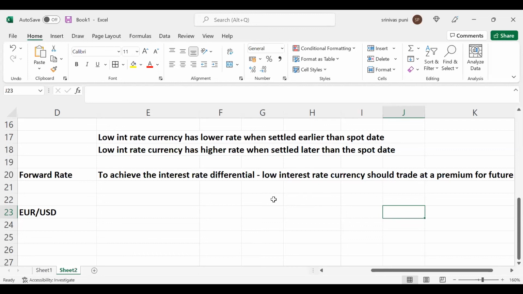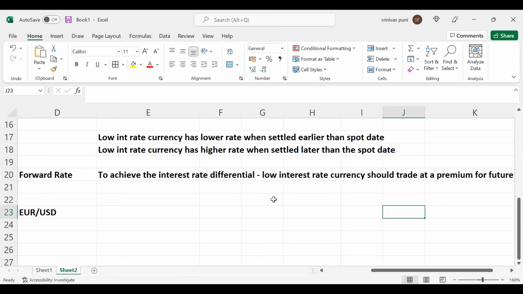If nobody wants to do that, what does it mean? It means everybody wants to be in rupees rather than dollars, because the rupee rate is higher. At any point in time, I want to be in rupees now, because if I have rupees now instead of dollars, I can put that rupee in a deposit and generate more money. That means nobody will want to buy dollars against rupees in the future; everybody wants to buy dollars against rupees today.